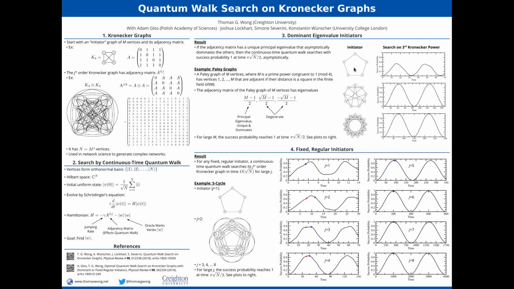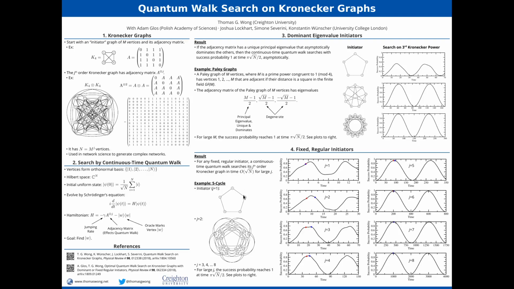So here we upped the graph that we started with, and we searched on some fixed Kronecker power, like the third order Kronecker power. Here we're looking at the opposite thing, where we fix our initiator, but we up our Kronecker power. So for example, let's say our initiator is this 5 cycle, which happens to also be the Paley graph of 5 vertices.